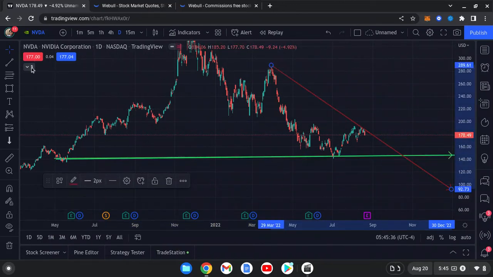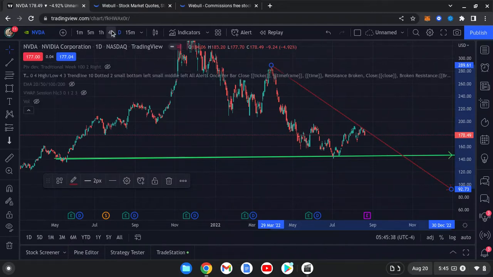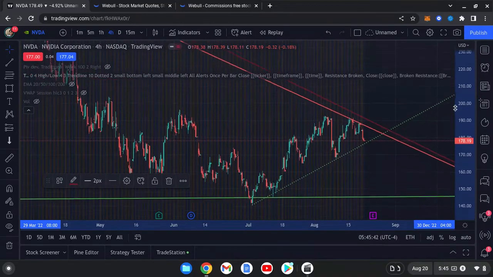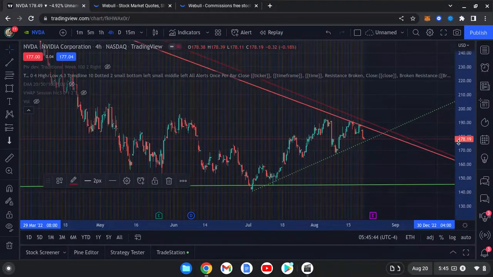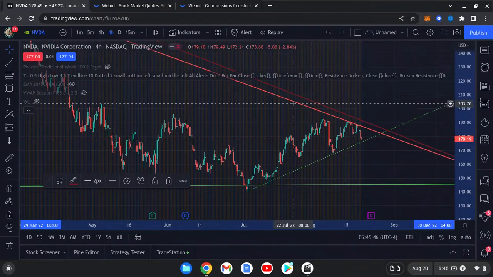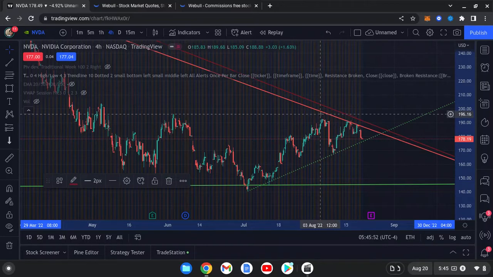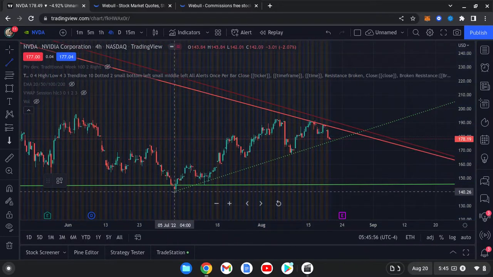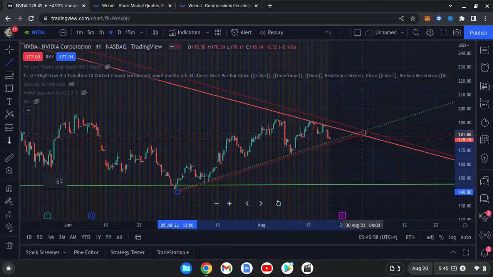And then we can hop onto the 4 hour and see if there's any other levels it gives us. So on the 4 hour, we can see it gives us another resistance line that's just a little bit lower. So we'll keep our old one, but we can see it gives us this other support level right here.